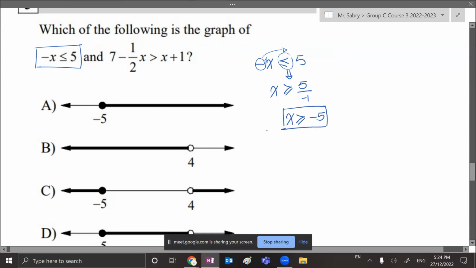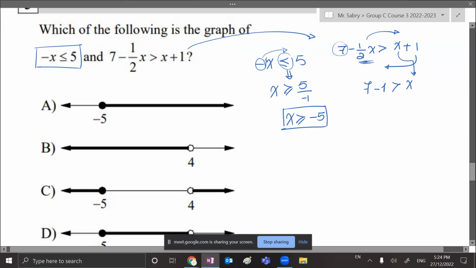That's the first part. Now, the other part on the other side is just a normal inequality where I have to move the x's on the same side and the numbers on the other. And we said we move the smaller coefficient of the x towards the bigger one. And I'll move this one towards the other side. The 7 never moved, so I'll write it first, and then the 1 went to the other side with the subtraction. The inequality sign now remains, and the x as well never moved, so it goes first.